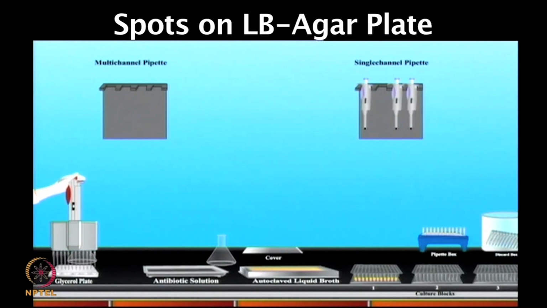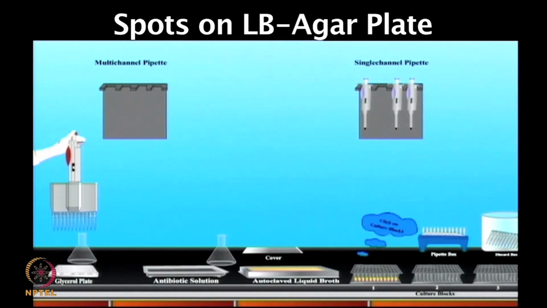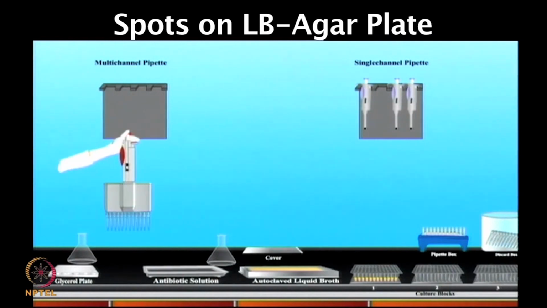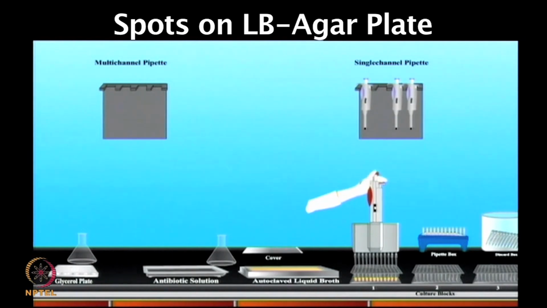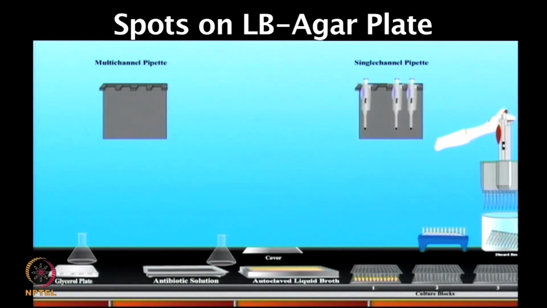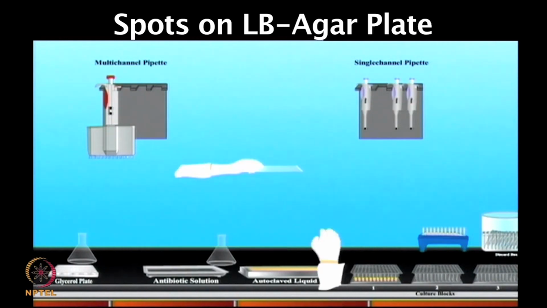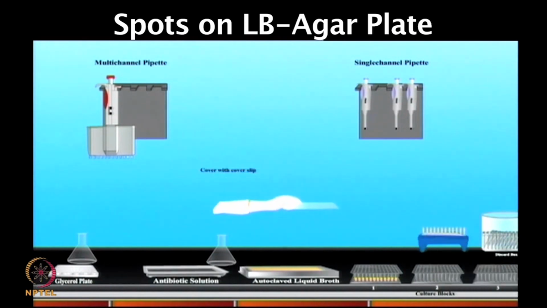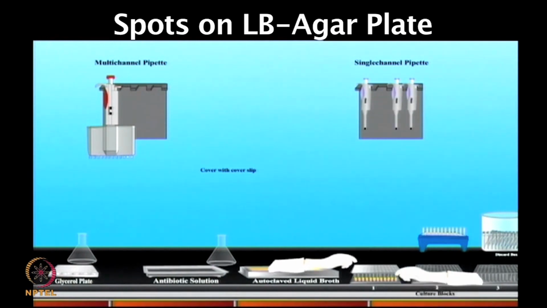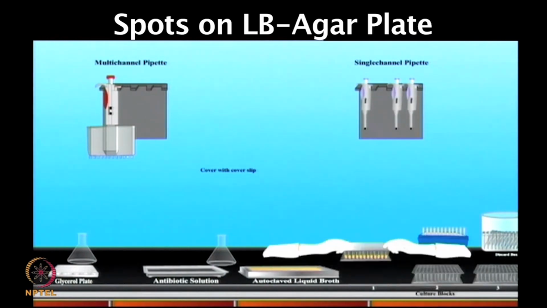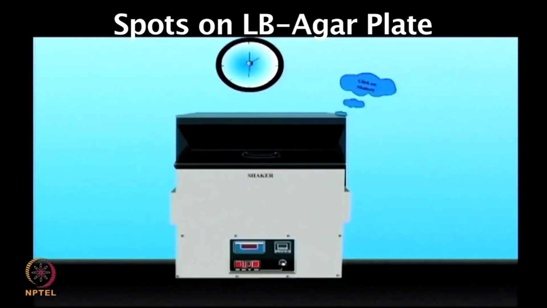Once the culture blocks are ready, inoculate the liquid culture from the bacteria grown on the agar plates. Similarly, you can fill all the wells. Then cover the deep well block with a permeable seal.